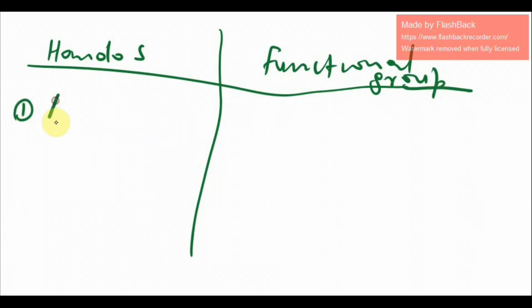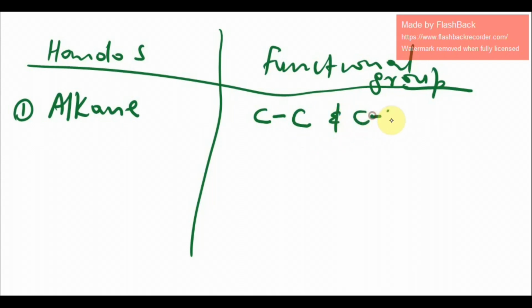Number 1, we have alkanes. You'll recognise alkanes by a single bond between carbon atoms and a carbon bonded to hydrogen only. What does that mean? There will be a carbon bonded to hydrogen or a carbon single bond carbon. Then we say this is an alkane.